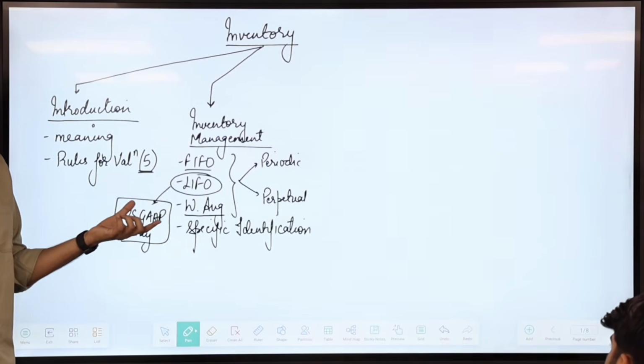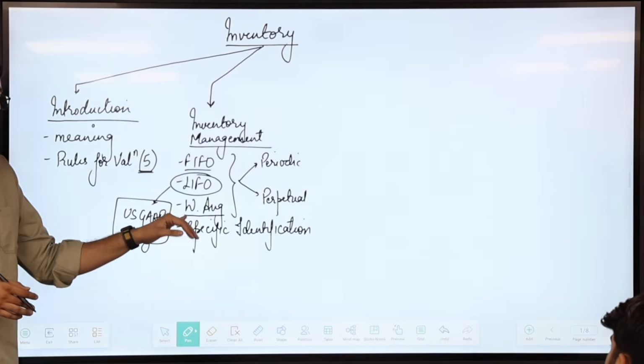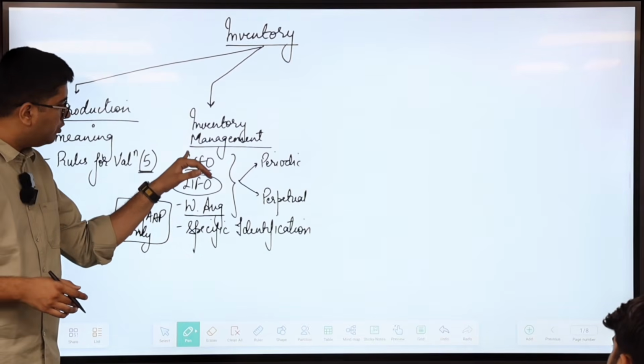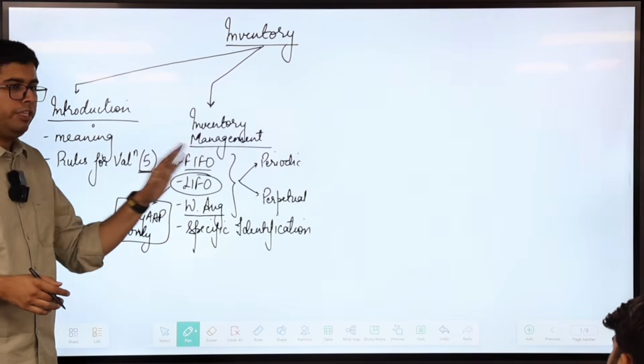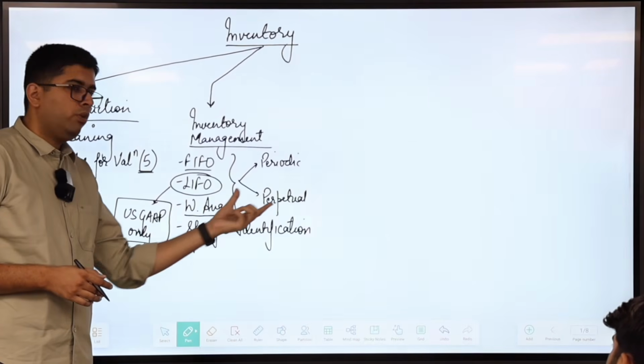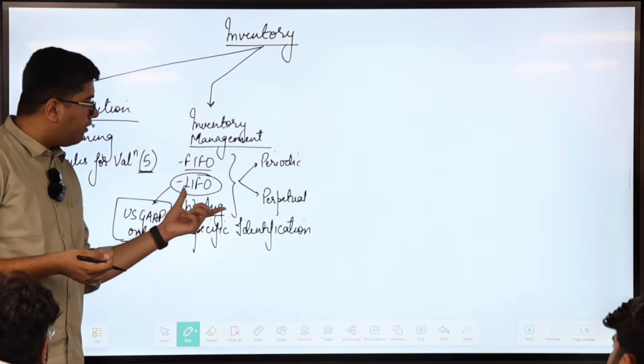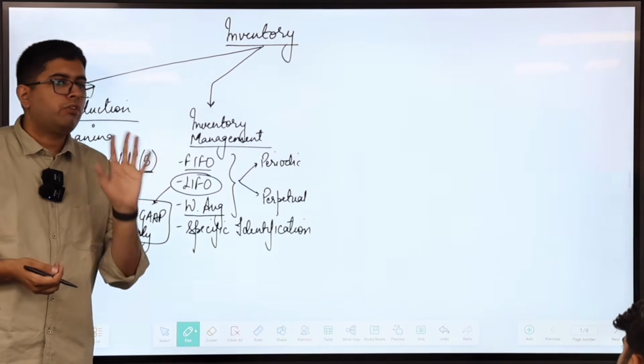So when I sell the goods, I'm selling all of them mixed together. That is the logic of weighted average. So weighted average was designed to basically create a middle ground between these two. Hence, if you create periodic or perpetual in weighted average, it defeats the purpose. So practically, for weighted average also, periodic perpetual is not very relevant.